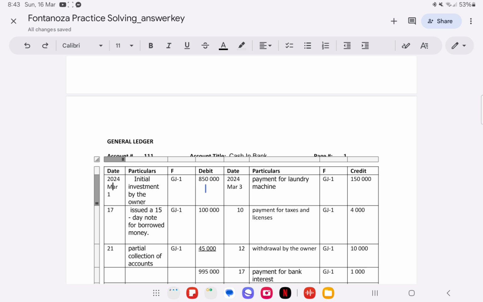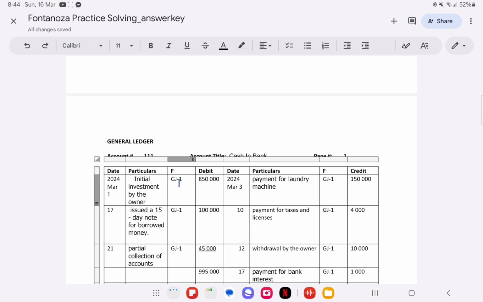So 850,000 debit, and put the reference JJ1, General Journal 1. So General Journal 1 is our folio or our reference number. And where did you get JJ?